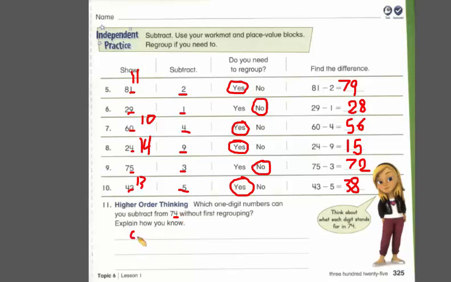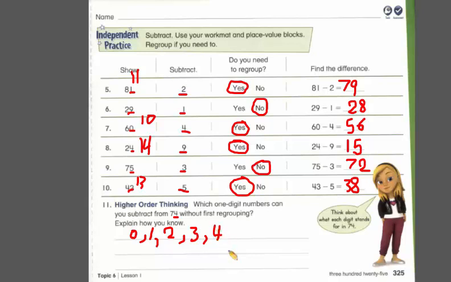So if I subtract 0, I can, because 4 is greater than 0. Can I subtract 1? Yes, 4 is greater than 1. Can I subtract 2? Yes. Can I subtract 3? Yes. Can I subtract 4? Yes, 4 minus 4 equals 0.